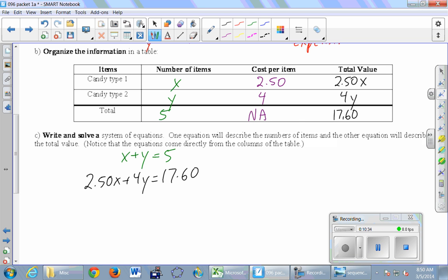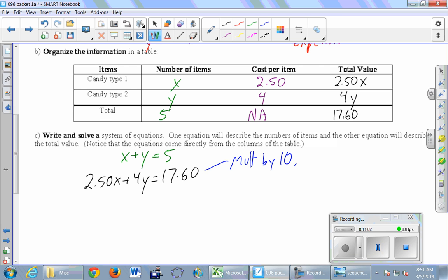One thing I'll say, if you don't like decimals, what could you do to that black equation to get rid of all the decimals? Times it by 10, right? So multiply by 10 if you want to. That would get rid of all the decimals. Okay. Any questions on this problem?